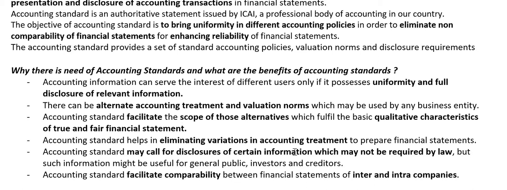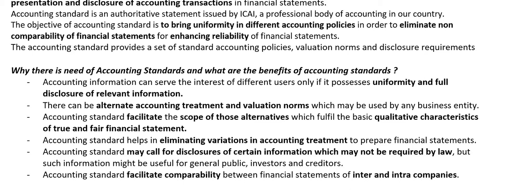Eliminating variations in accounting treatment. If there are standard policies and a set of rules, then everyone will follow those rules. Only in case of exceptions will there be some differences. But generally, accounting standards are such that there won't be any transaction which is ignored or not considered in accounting standards.